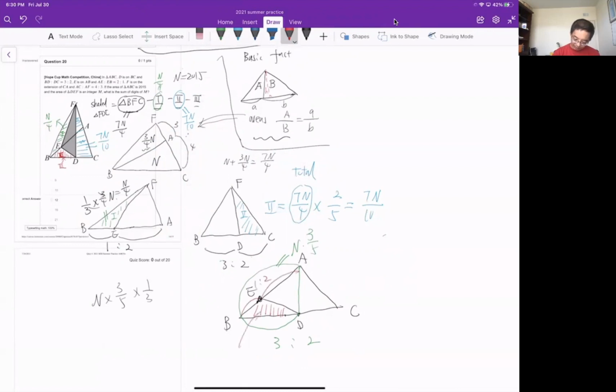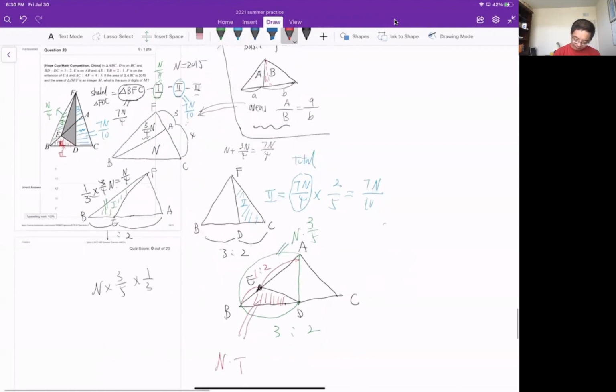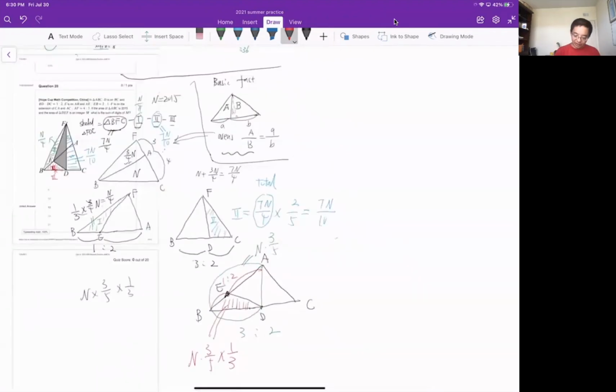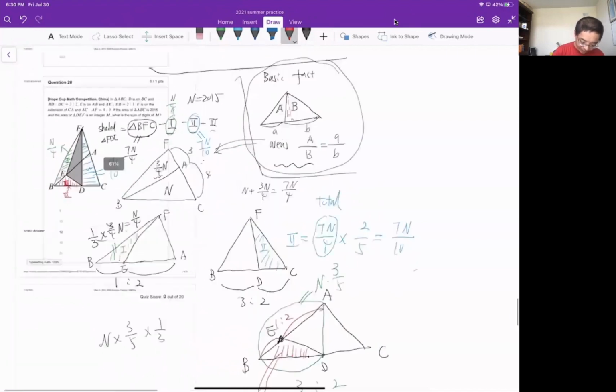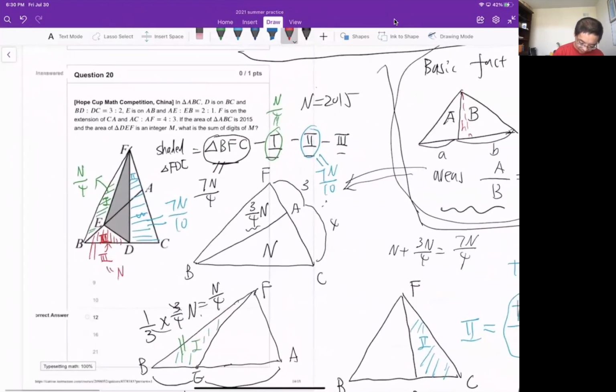Okay, so then we get this part is N times 3/5 and then times 1/3, right? The point is I'm not using anything else, except I keep using this basic fact, the ratio between areas. All right, so this will be just N over 5. This is N over 5.